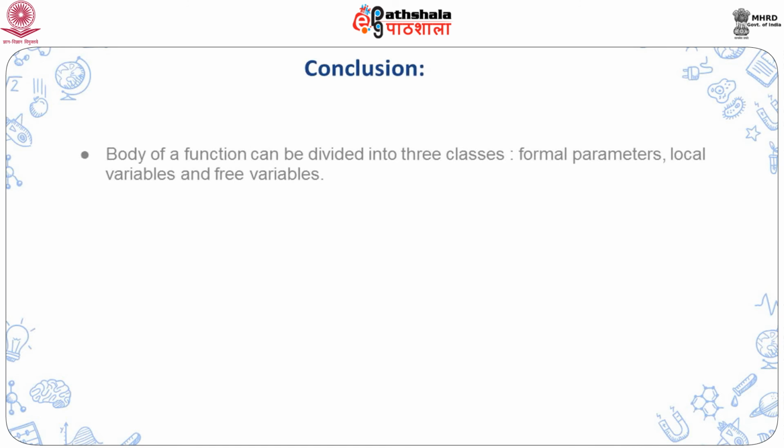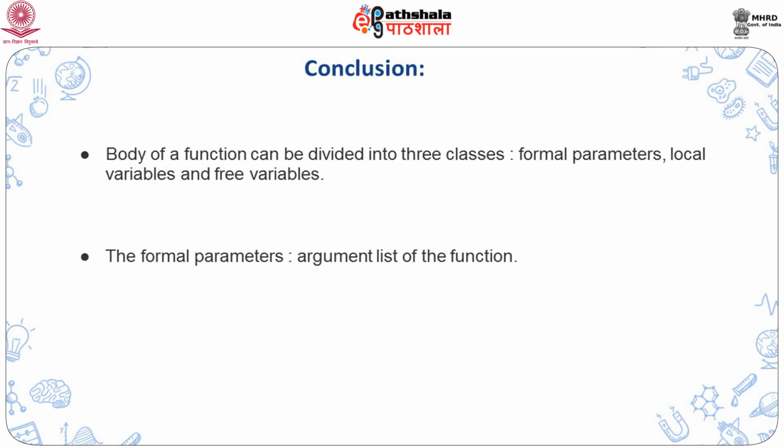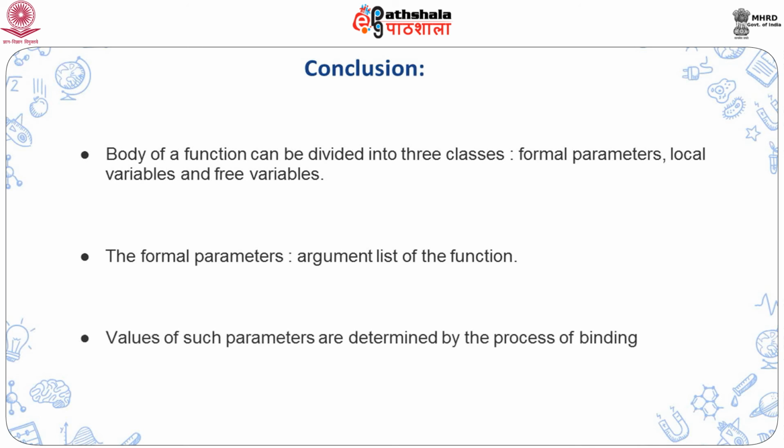The body of a function can be divided into 3 classes: formal parameters, local variables and free variables. The formal parameters belong to the argument list of the function. Values of such parameters are determined by the process of binding the actual function arguments to the formal parameters.